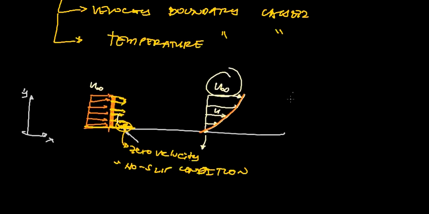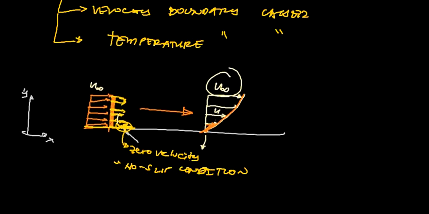This fluid layer, when it moves along and contacts this surface, acts to retard the motion of the particles in the adjoining fluid layer. That's why it created this kind of layer.